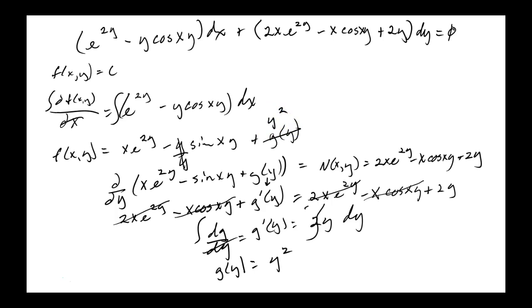And then what we do, we set this thing, x e to the 2y, that's not a minus, that was where my pen set down where it wasn't supposed to. Minus sine of xy plus y squared is equal to c.